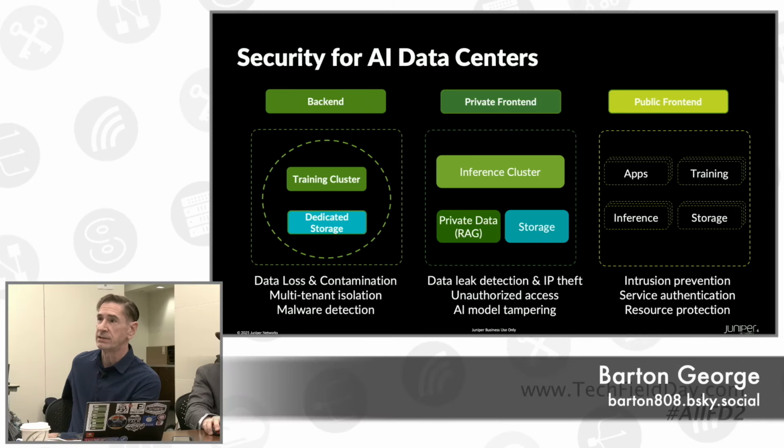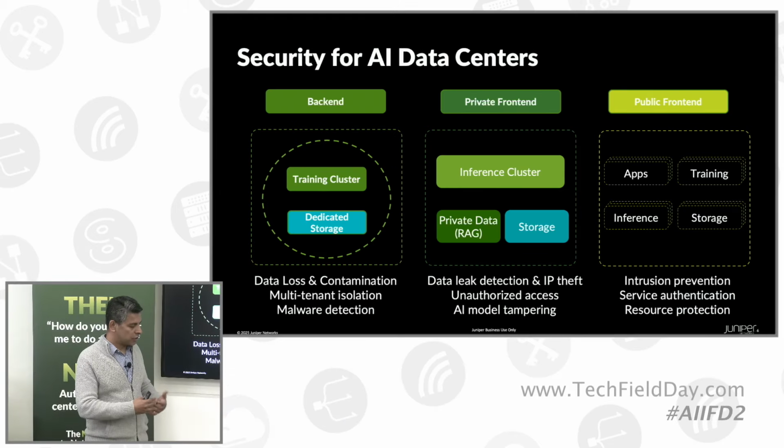What do you mean by private front-end and public front-end? Okay, so a private front-end is essentially your data centers where you're using models, you're bringing down an LLM model, and you're running it against your data set, whether it's within your organization to be able to do analysis.